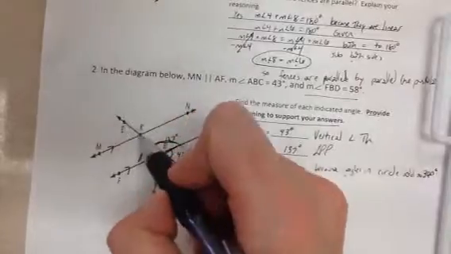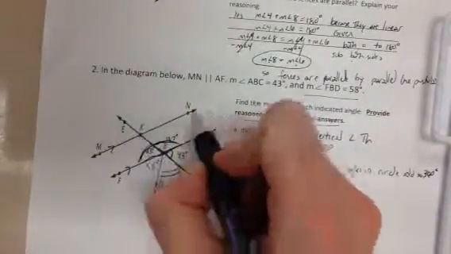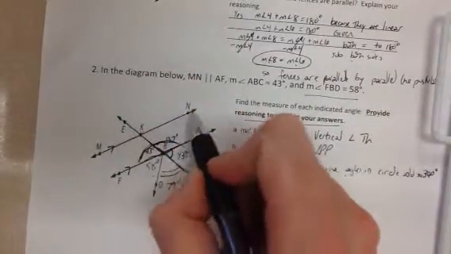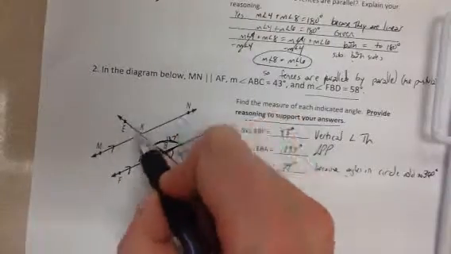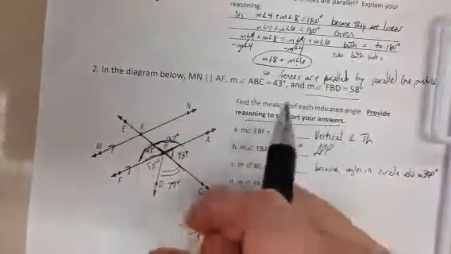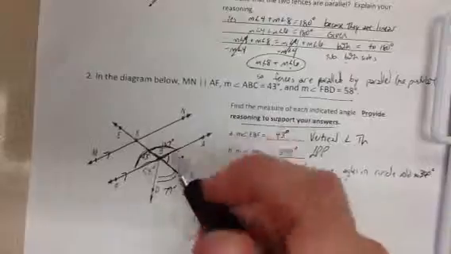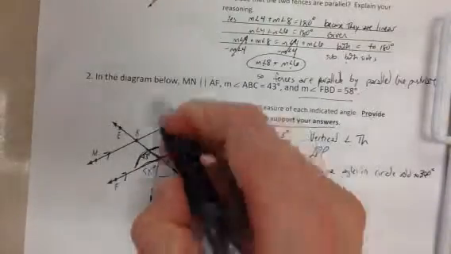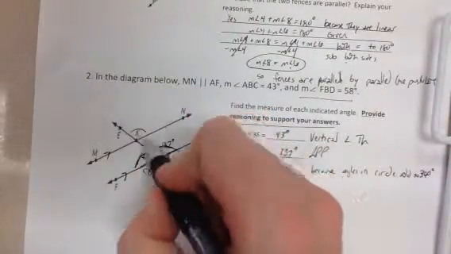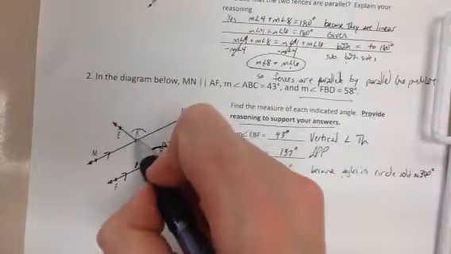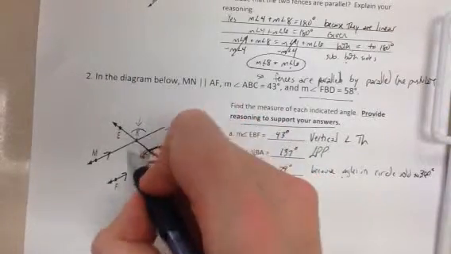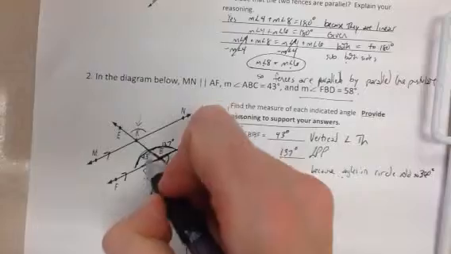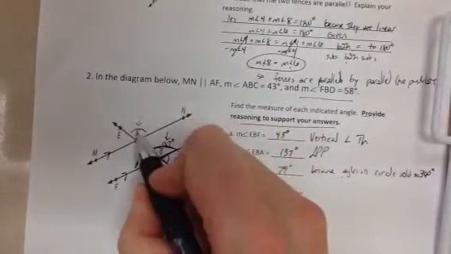Okay, EKM, so now EKN. Now we're getting into jumping across the parallel lines. So we're going to need the parallel lines to talk to us about this. EKN, so this one, if you notice, is the upper angle in this group, and the upper angle in this group would be right here.